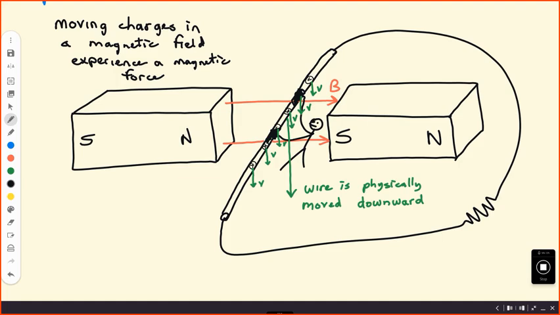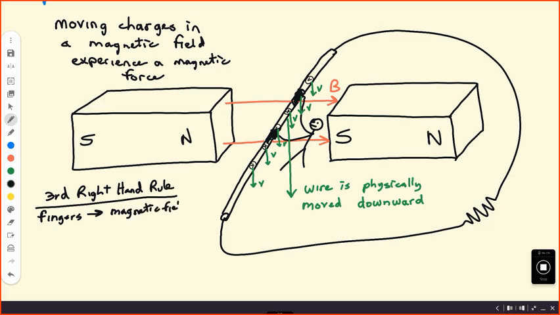So we're going to apply the third right-hand rule, modified style, to determine the direction of the force on these moving charges. So once again, your fingers go with the magnetic field lines of the bar magnet. And then your thumb, it's not going to go in the direction of the current because remember, there is no current in the first place.